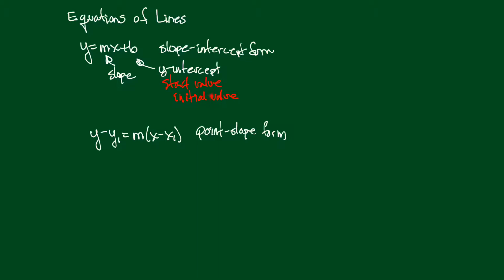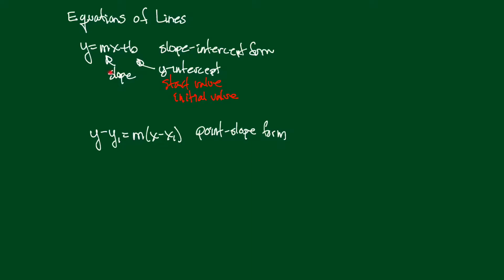Like when you come in and start observing a relationship, maybe you start your clock and time is 0. At time 0, you start observing. Well, at time 0, say x is time, m times 0 is 0, and then the output is that number right there. So when you start an observation, that's how much output you start with. So that's why I call it the start value or the initial value.